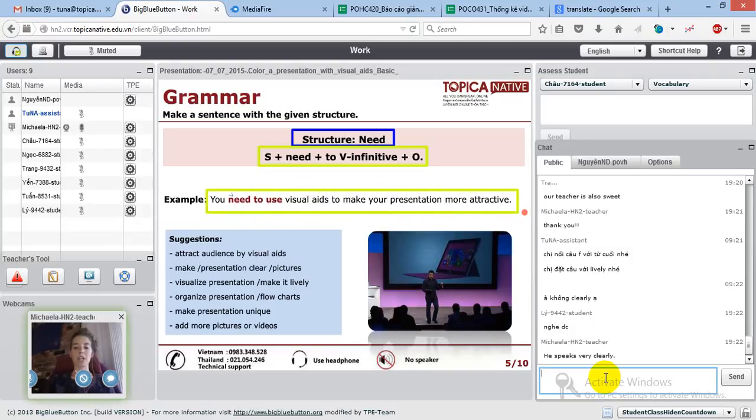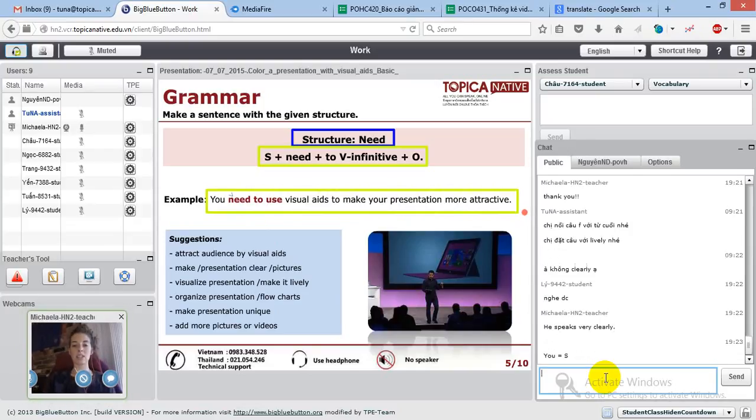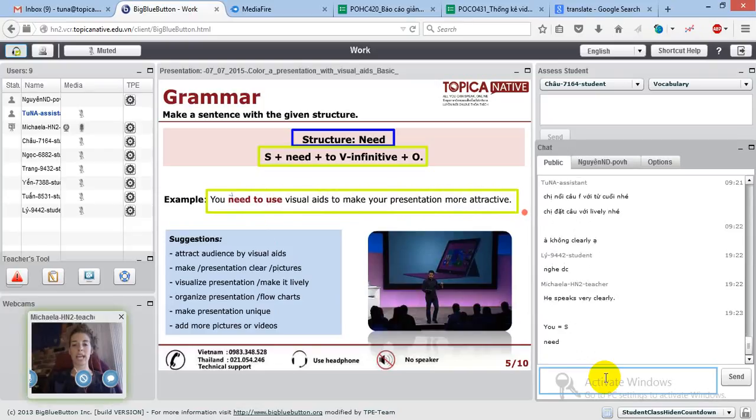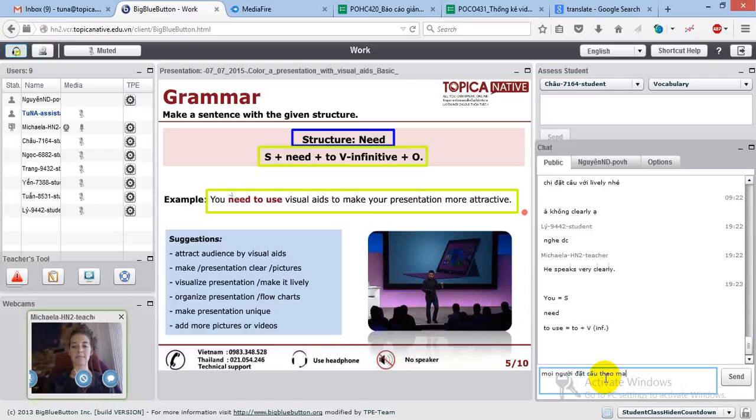Okay, so here you is the subject, need, and to use, the to plus the verb in the infinitive. And the object is visual aids. All right. I'll make one sentence.